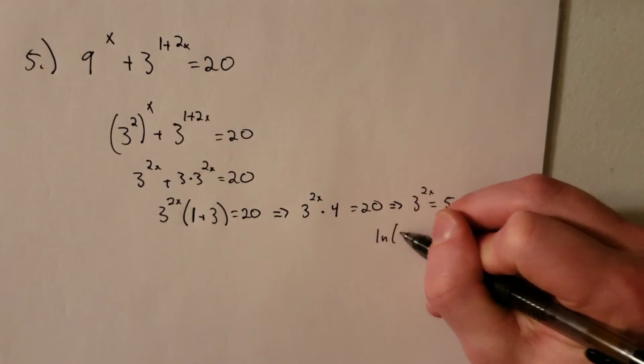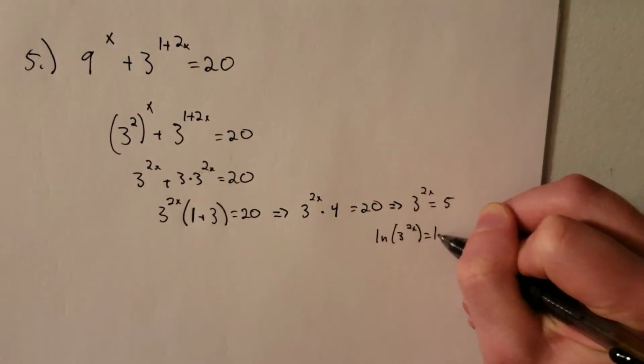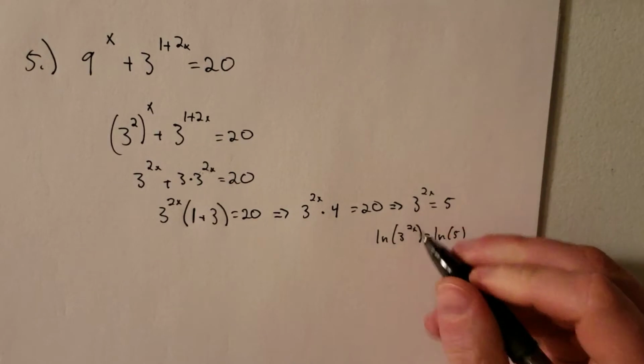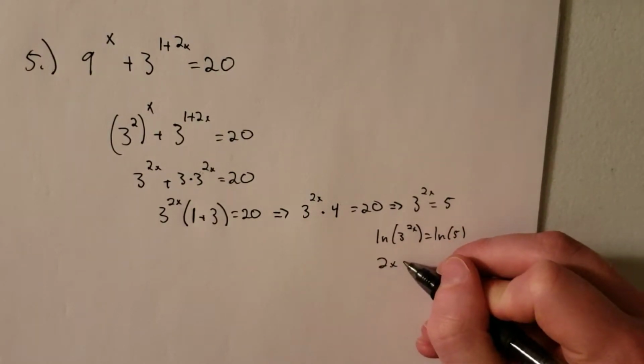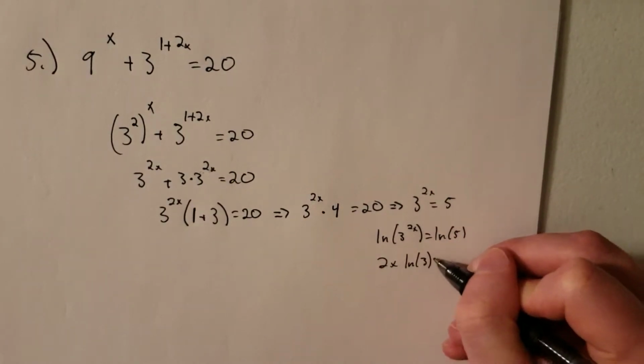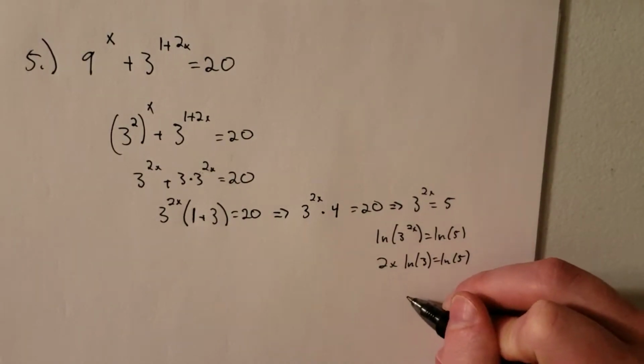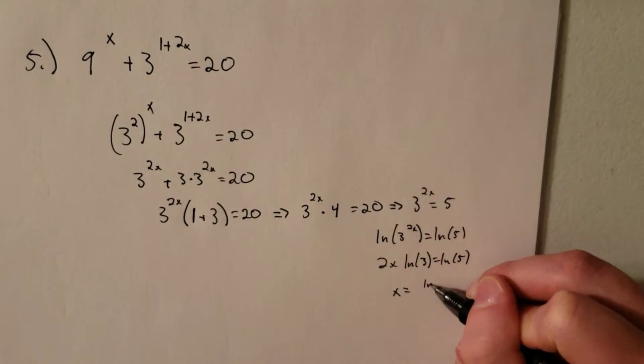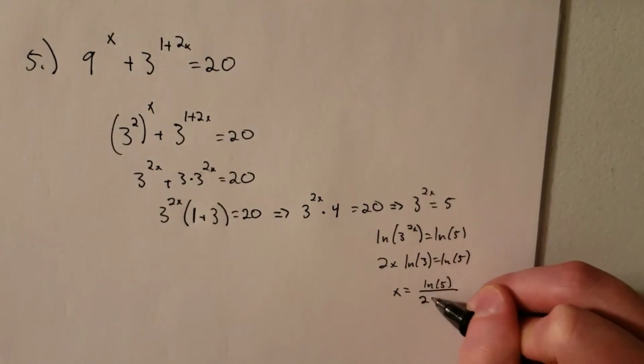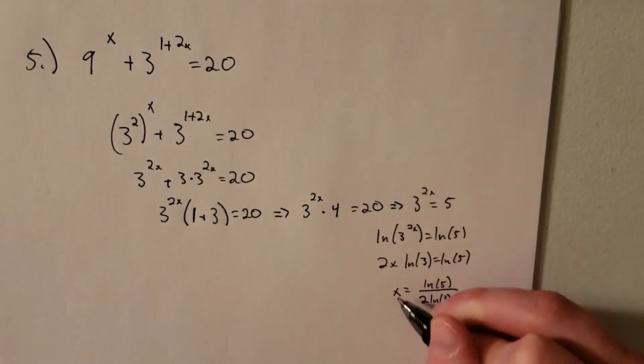So this is the natural log of 3 raised to the 2x is equal to the natural log of 5. And this tells us 2x times the natural log of 3 is equal to the natural log of 5. So we get x is equal to ln of 5 divided by 2 ln of 3.